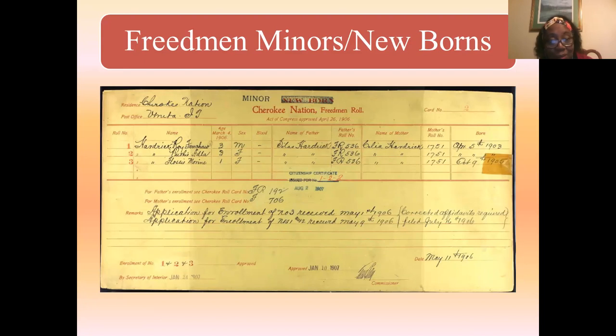In fact, if you look right underneath that first set of names, you'll see for father's enrollment, see Cherokee card number FR 192. And the same with the mother, see the Freedman card number 706. So these cards are pointing you to other cards to go and get additional information on the family.